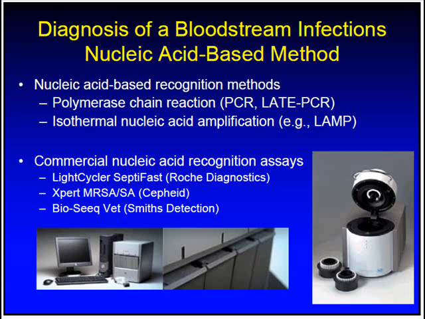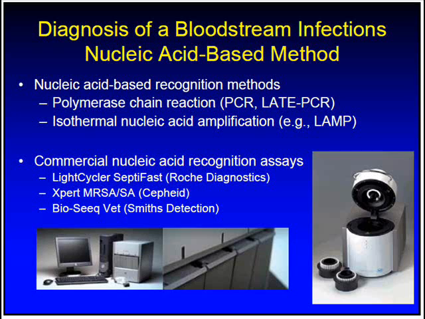These technologies incorporate well-established nucleic acid amplification approaches such as polymerase chain reaction, PCR, for pathogen nucleic acid detection. The GeneXpert MRSA, methicillin-resistant Staphylococcus aureus and Staphylococcus aureus test by Cepheid is an FDA-approved device. This device uses PCR for its amplification technology.